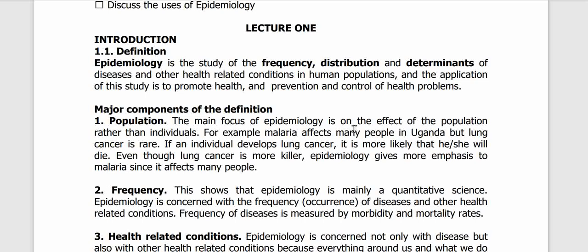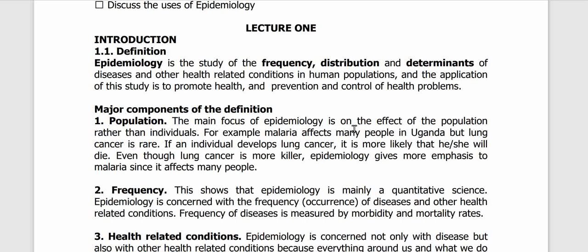So, for instance, if we have a disease like cholera, how fast does such a disease infect more than one person in a day, and why does it happen that way? So then we have distribution. What determines the spread of the disease from one person to another, and then the determinants.